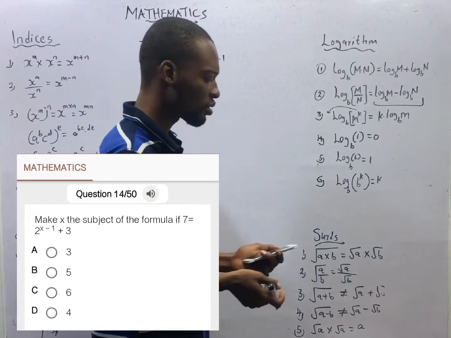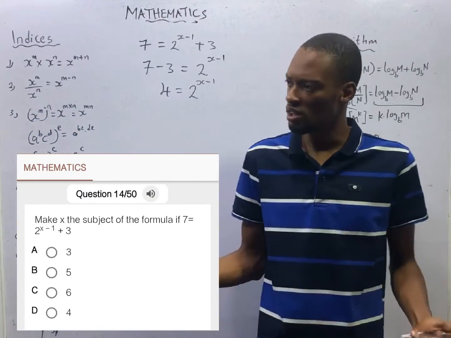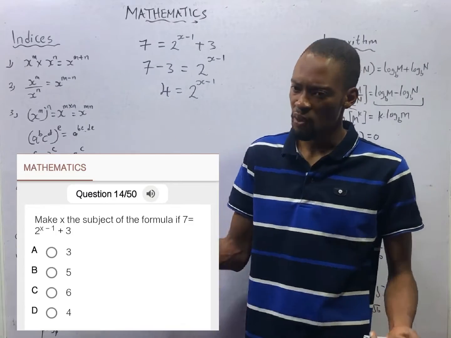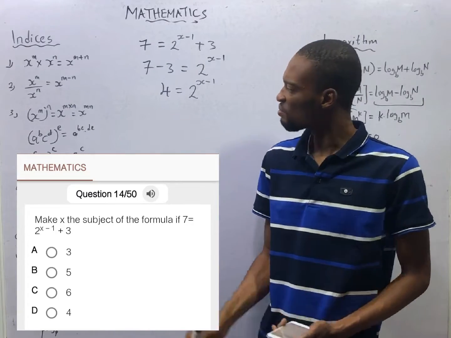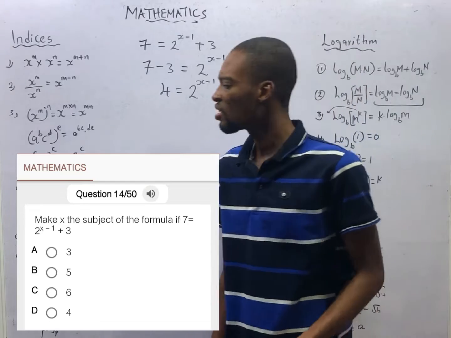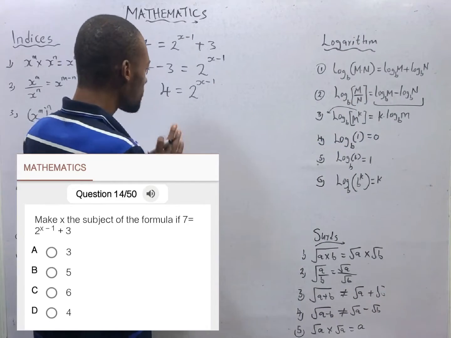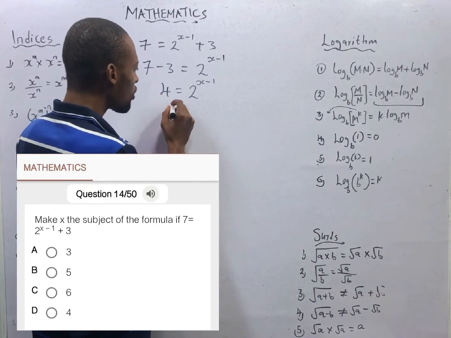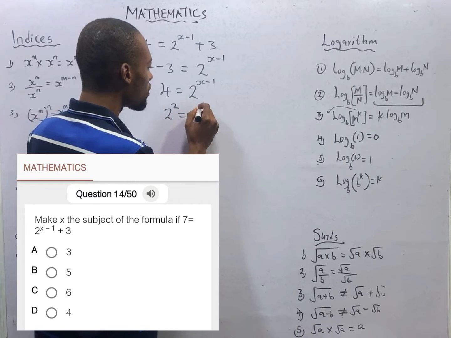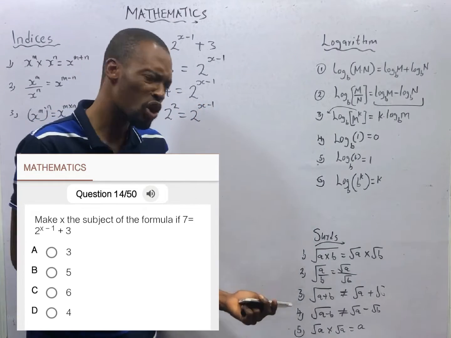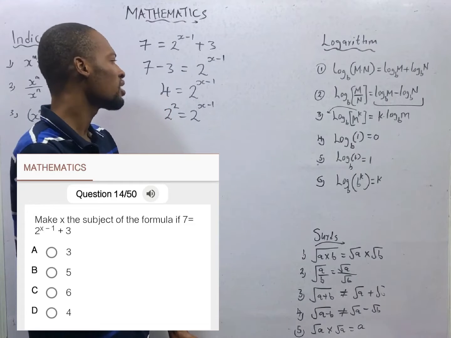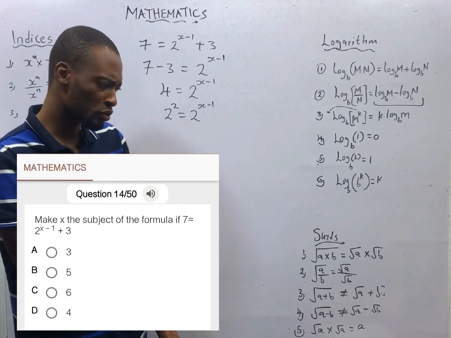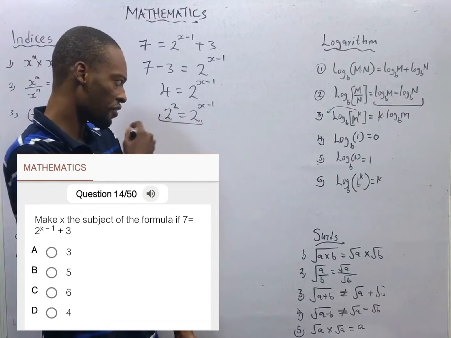In indices, we try to make the base the same so that we can equate the power. Make the base the same so that operations can be easy for us. If we do that, this becomes 2 raised to the power of 2 is equals 2 raised to the power of S minus 1. Because 4 is the same thing as 2 raised to the power of 2. Now the bases are the same.